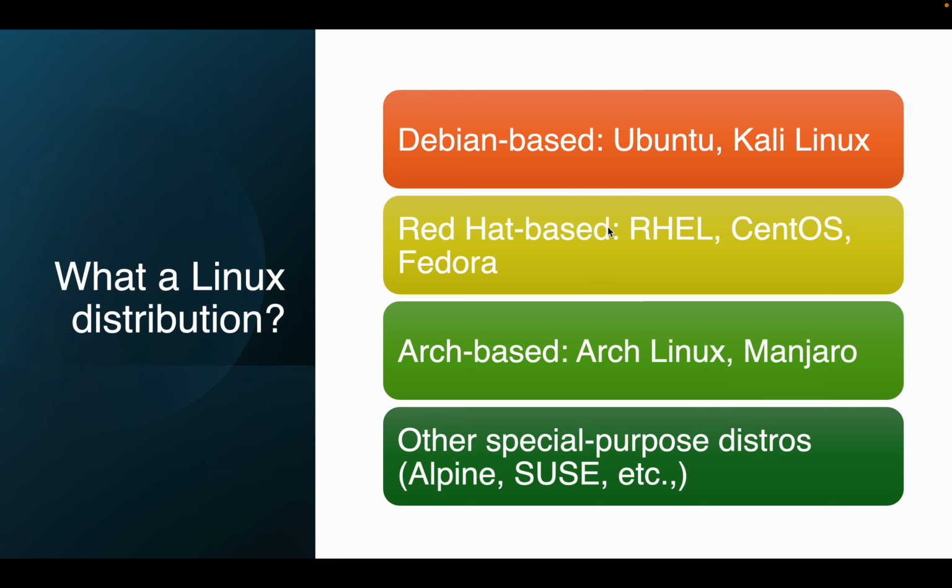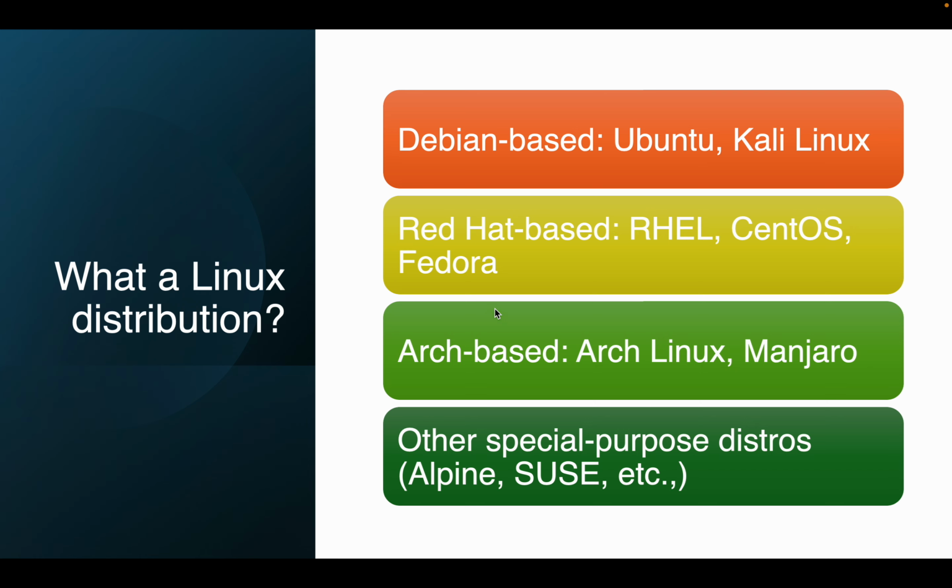Okay, so what is a Linux distribution? A distribution, also called a distro, is a variation of the Linux operating system that bundles the Linux kernel with additional software, package managers and tools as well.